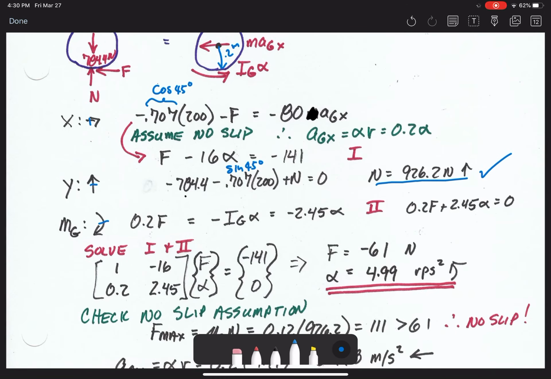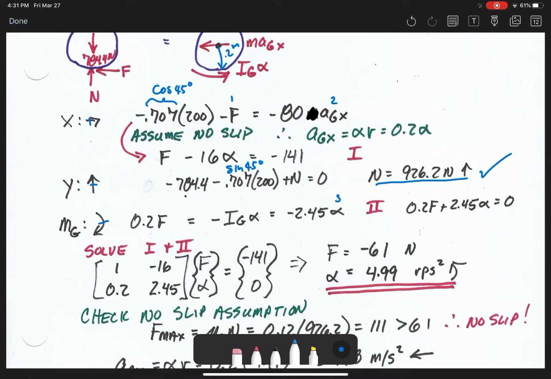From that, how many equations do we have? Ignore the equation in y. You have the two equations, and three unknowns: the friction force F, a_Gx, and alpha.